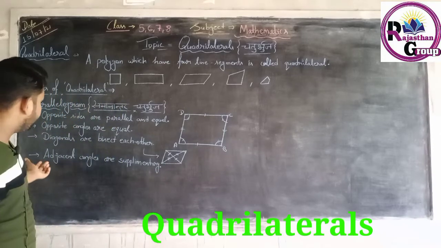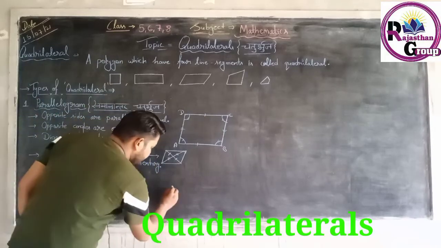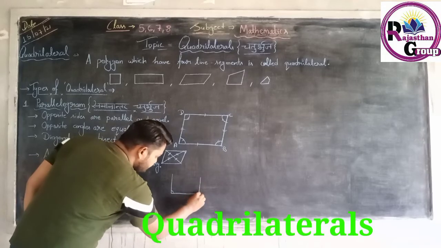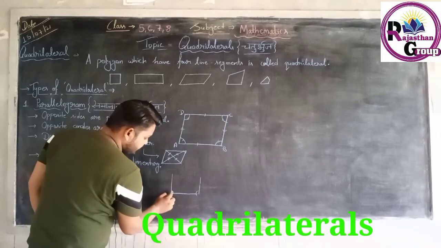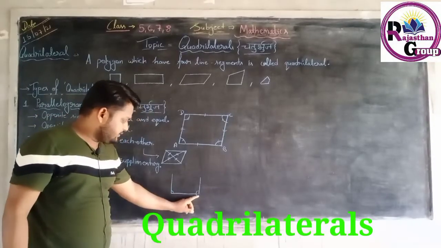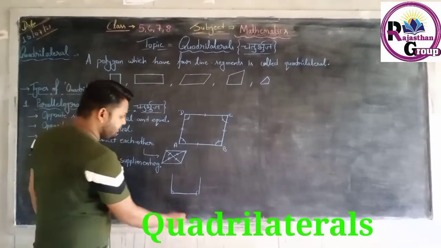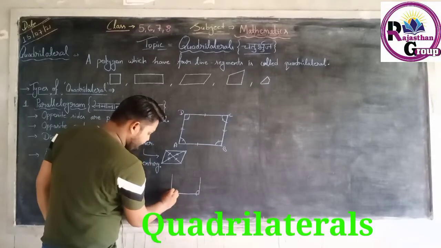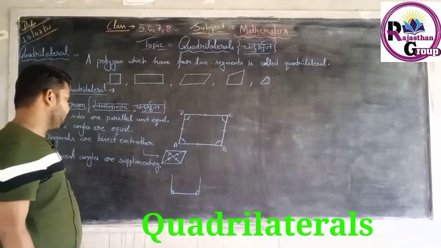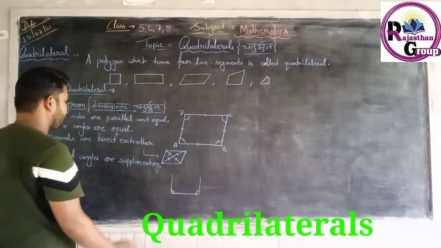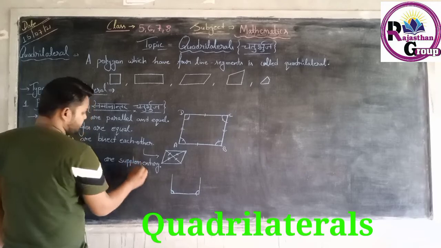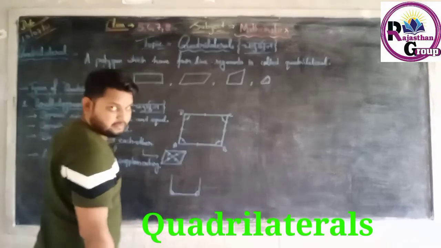What is the meaning of adjacent angles? The meaning of adjacent angles is this angle and this angle. These are angles which are made on a common line segment, known as adjacent angles. Then the sum of adjacent angles is supplementary. Supplementary means the sum of these angles is 180. Okay.